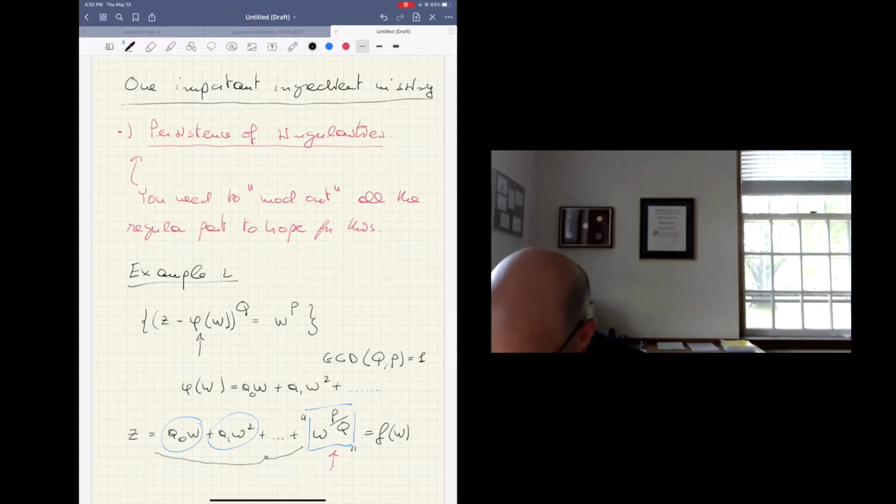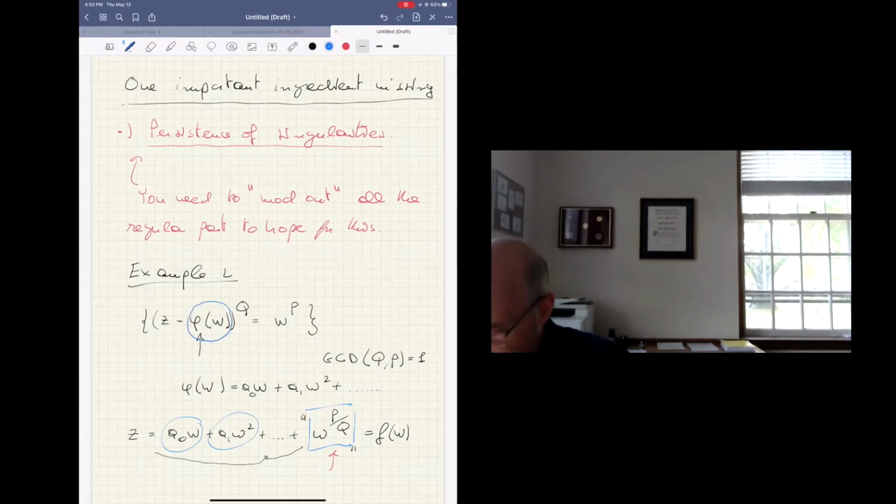If I see some homogeneous part which has homogeneity lower than the homogeneity of my singular behavior, my tangent function is not going to capture the singularity in the limit. Okay? So I need a way of subtracting this core, this phi of W, which is regular.